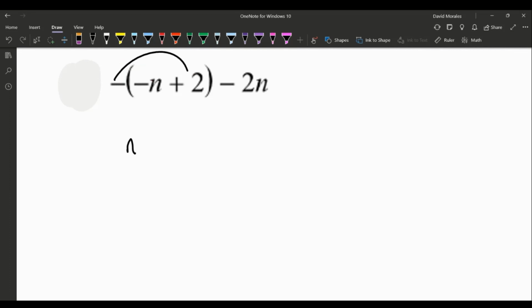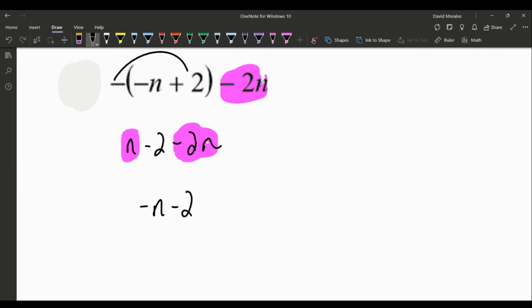Negative times 2 is negative 2. And then I didn't touch this right here, so I'm going to drop it. But now I have like terms. I have this negative 2n, and I have this n. So I have a positive 1n, and then I subtract 2n. I'm left with negative n minus 2.